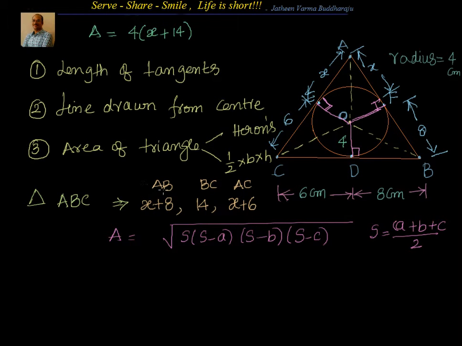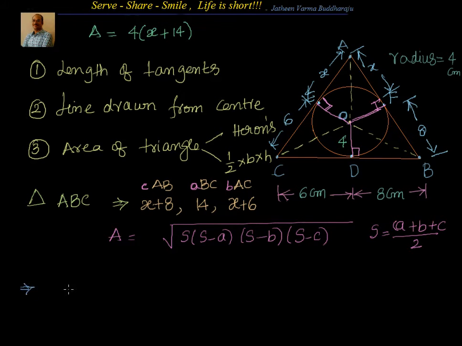Now we know the values. AB is nothing but small c and BC is small a and AC is small b. If we have the side BC, then its length is nothing but opposite vertex in lowercase, that is small a.